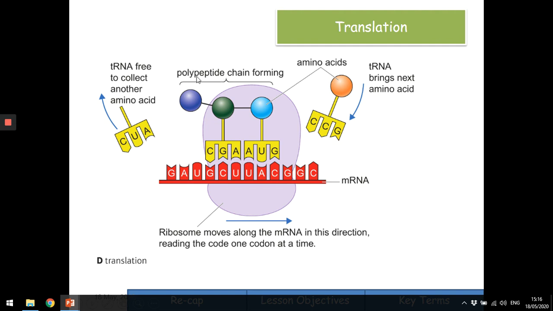Poly means lots, peptide means amino acids, so lots of amino acids bound together is a polypeptide chain, which is actually a protein. All this is called translation. It's happening in the ribosome, which is present in the cytoplasm. I think that together describes protein synthesis. If you've got any more questions, please email me and let me know, and we can go through things.